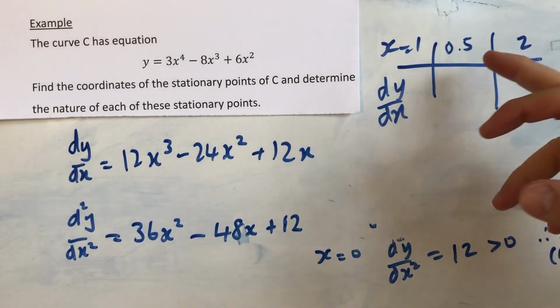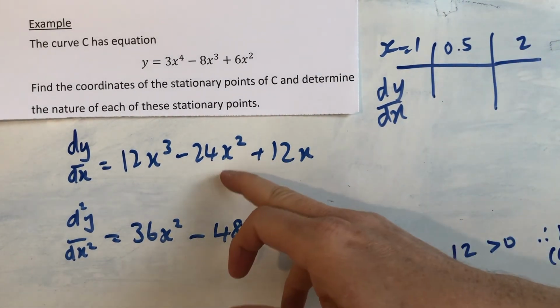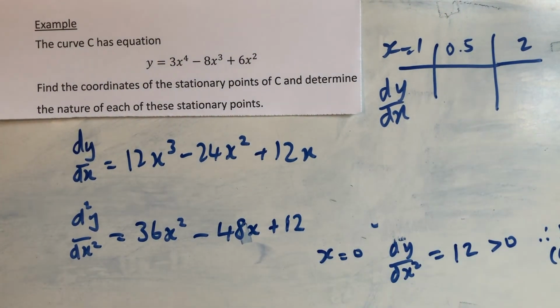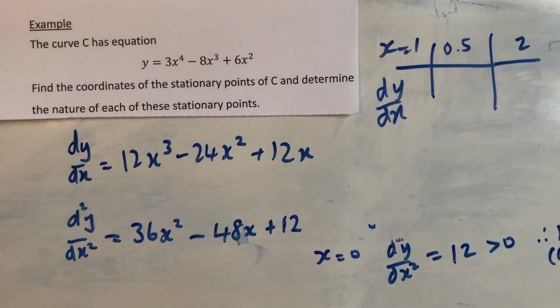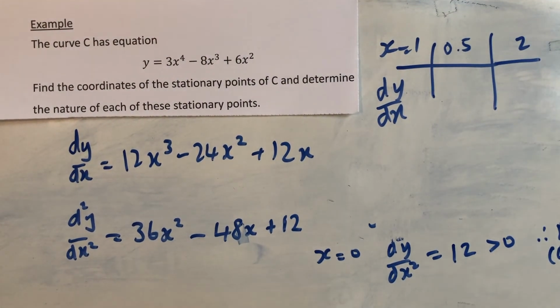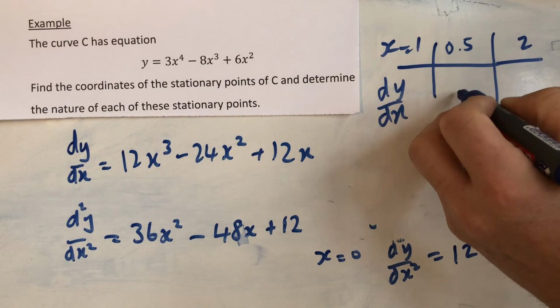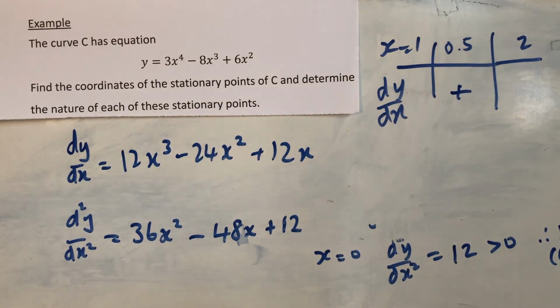And then what I'd do is put these values into the gradient to see whether it's a positive gradient or a negative gradient. So if I start off with the 0.5, I'm going to do 12 lots of 0.5 cubed, take 24 lots of 0.5 squared, plus 12 lots of 0.5, and that comes out as 1.5. I'm not bothered about the number, just the fact that it was positive.